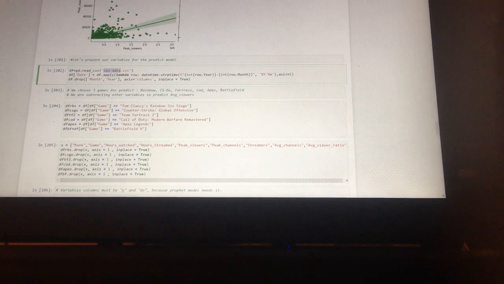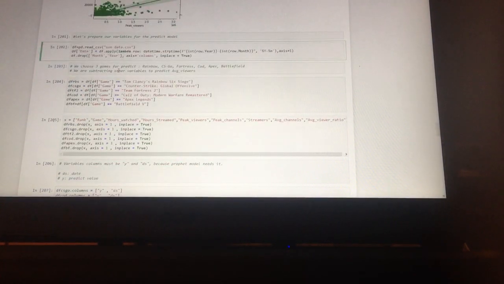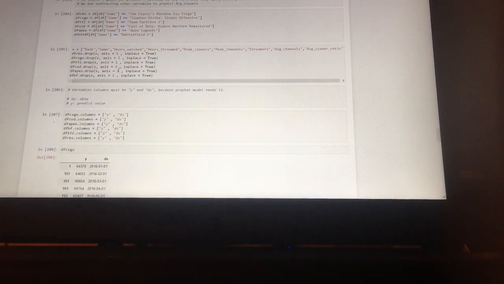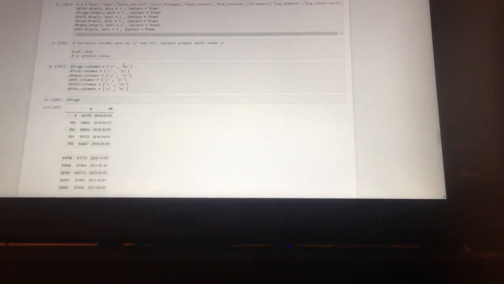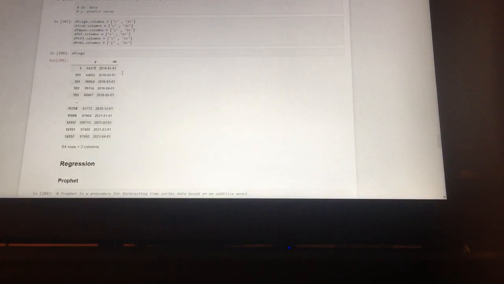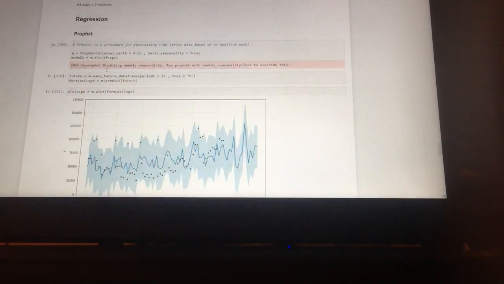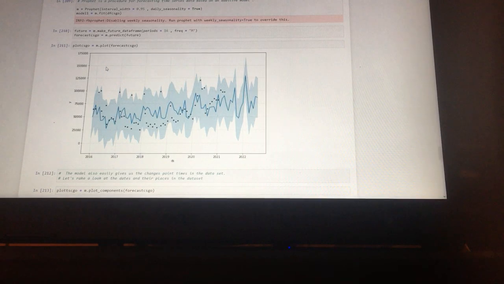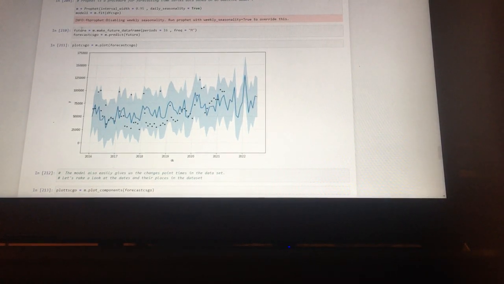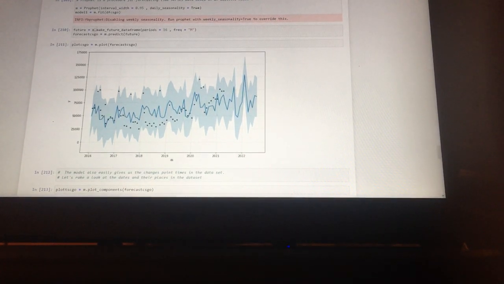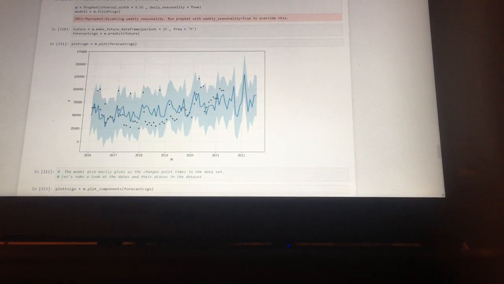We change datasets a little bit and call it some data. Here are our codes for this Prophet method. Let's keep going. In this regression, Prophet plot CSGO and plot forecast go.